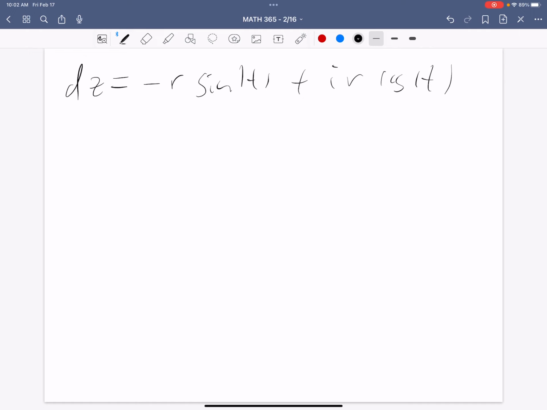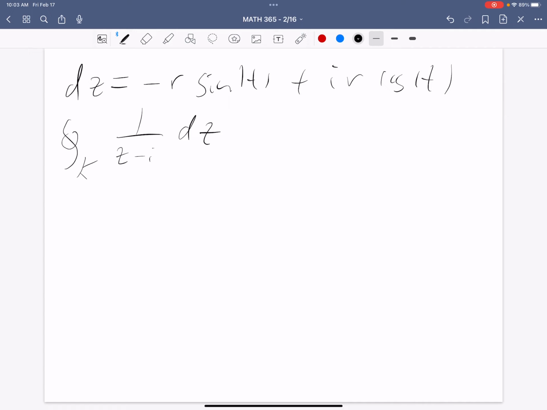Okay, and now here's where we're going to pull a little bit of a sneaky move, because we're now going to go to our integral over the curve K, 1 over z minus i dz.